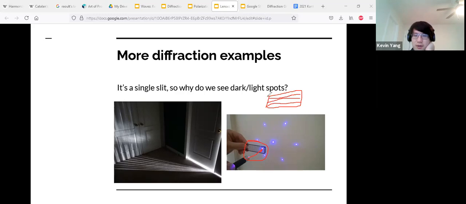Remember the polarizer from the previous lesson? It's exactly the same kind of thing. It's an object with a whole bunch of vertical lines, and what this creates is a whole bunch of slits. As we said before, you can see diffraction coming from slits. So even in this image here, we can see diffraction: light spots, dark spots, light spots, dark spots, with this laser, because it's splitting off.